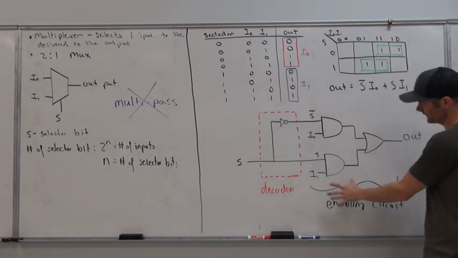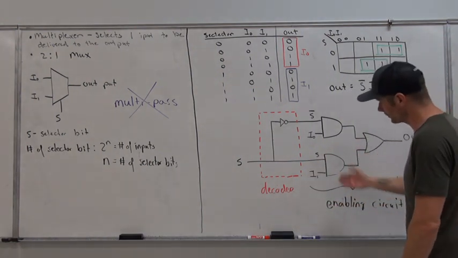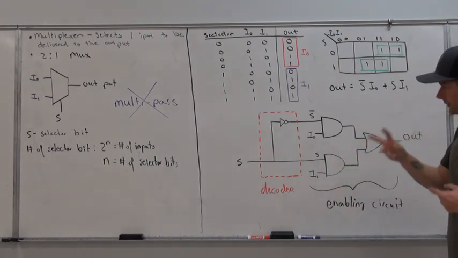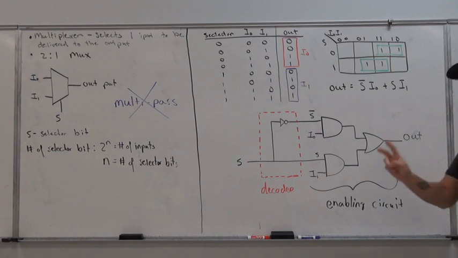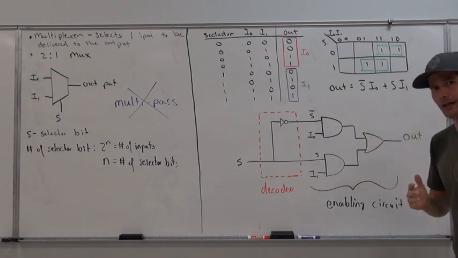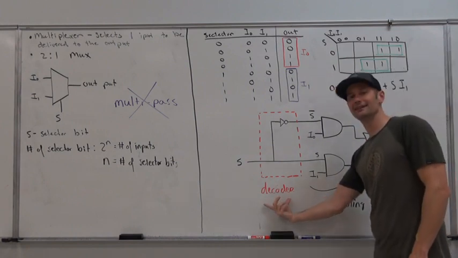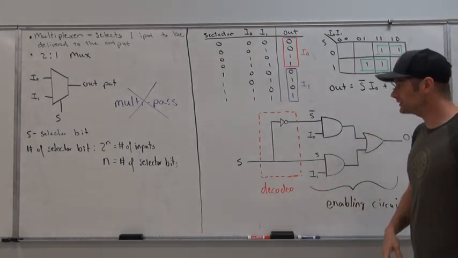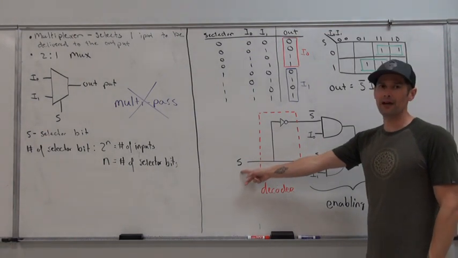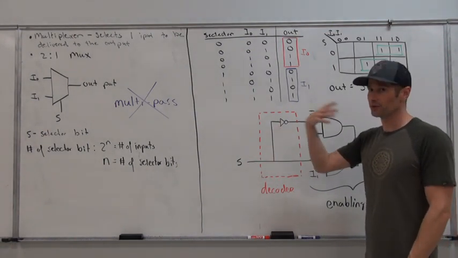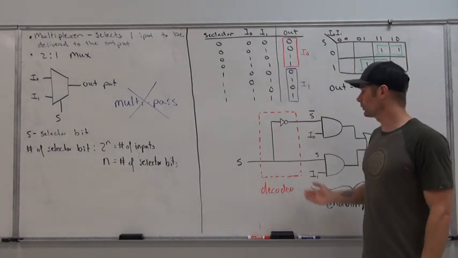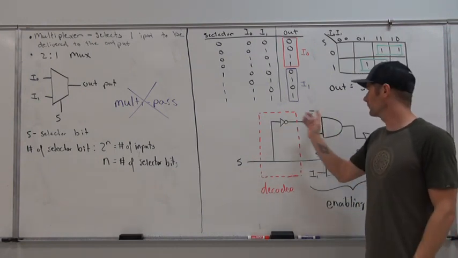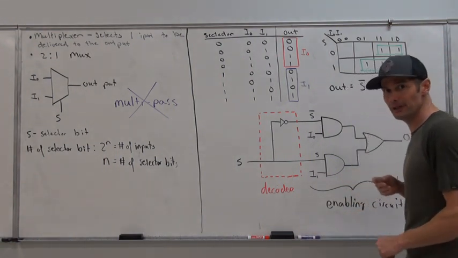Now the nice thing here is that we have essentially derived the schematic for a 2-to-1 multiplexer, and there are two very specific parts of that multiplexer within the schematic. The first is what we call a decoder. The second is the enabling circuit. The decoder takes whatever values of S, or the selector bits, and appropriately turns those into either S by itself or the inverse of that bit.